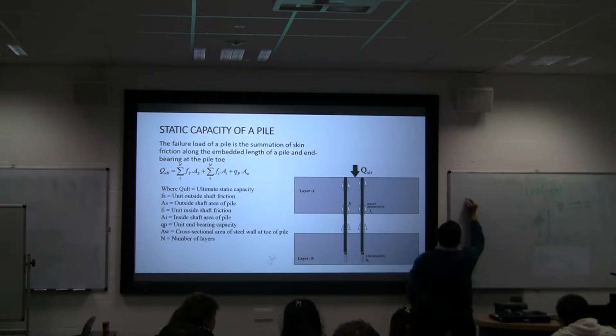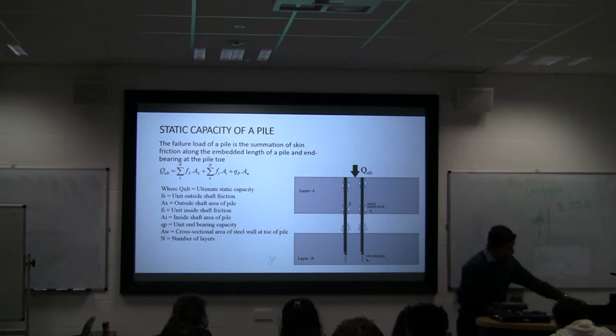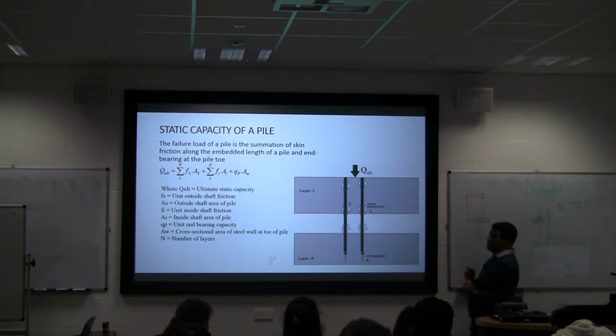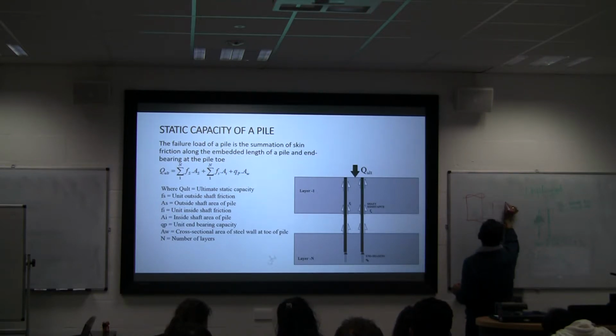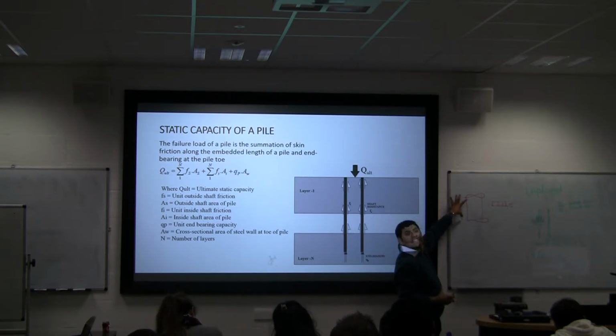It's quite similar. So I am taking a small pile section here at some depth. We can easily calculate, at the middle of this length, the vertical stress, sigma V dashed. So suppose I want to find out the friction in this part.